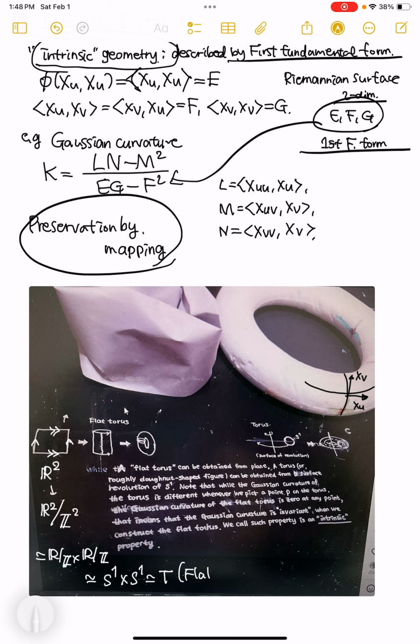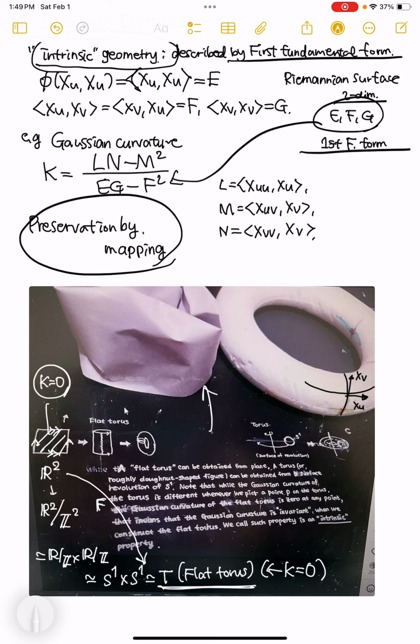That is called the flat torus, as you see. Think about the map F, and when we investigate the curvature of the plane, the Gaussian curvature is 0. But in the case of the flat torus, the curvature is also 0.